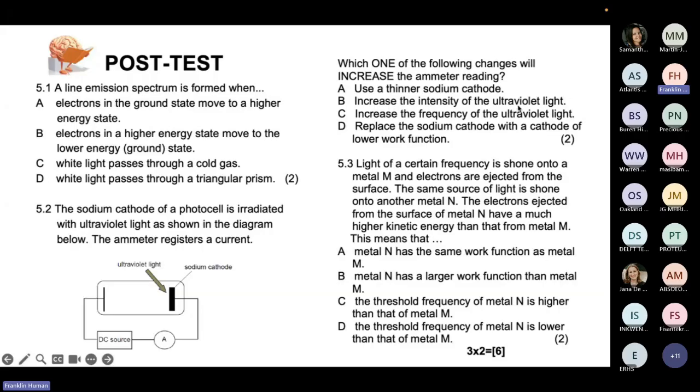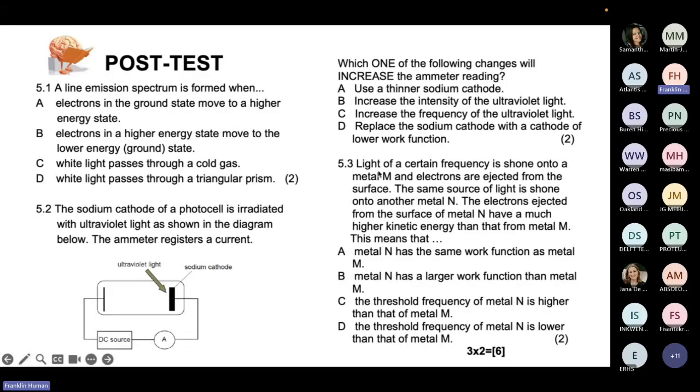Remember what we said: when we increase the intensity, we increase the number of electrons emitted per second. The rate of increase of electrons being released will directly affect the current, as current is the rate of flow of charge.